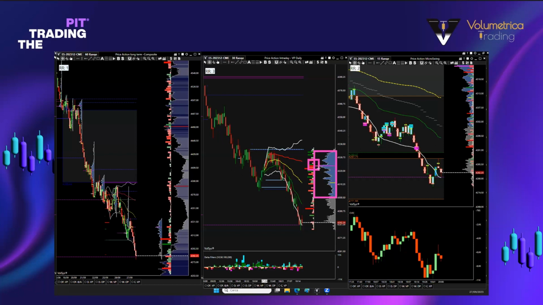That's the most traded price throughout the entire session. That means that we are basically very discounted. The price trading at the moment is perceived as a very discounted price. So we are really imbalanced to the downside.